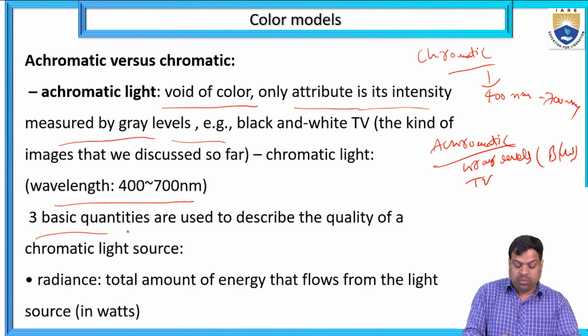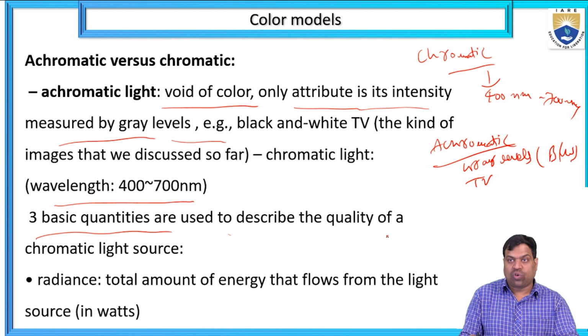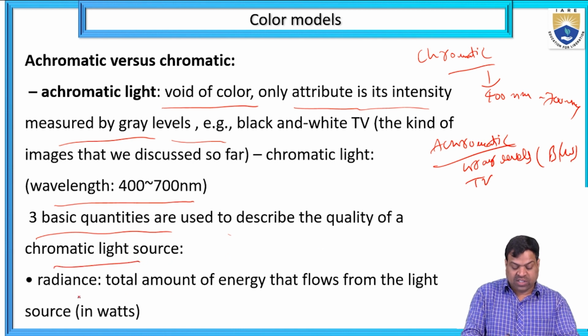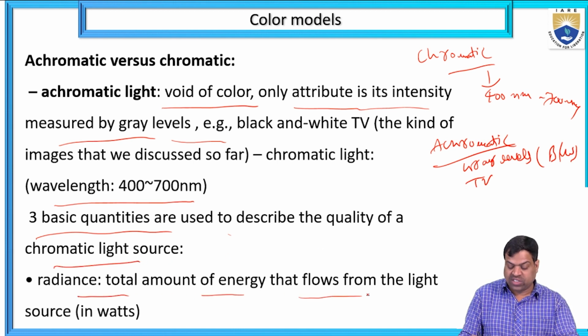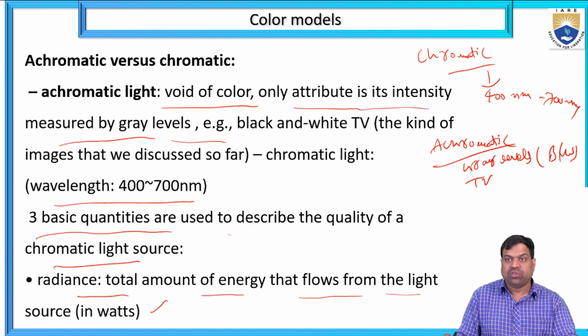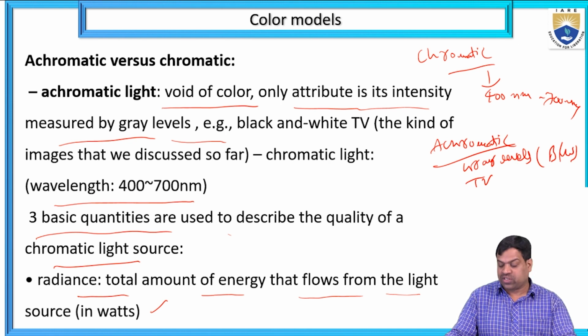The 3 basic quantities are used to describe the quality of a chromatic light source. Radiance is the total amount of energy that flows from the light source, measured in watts.